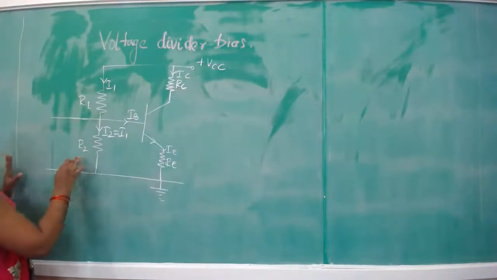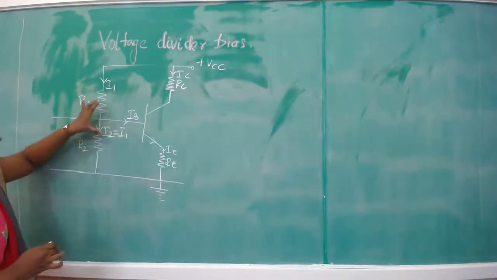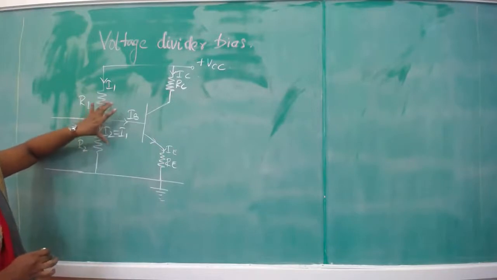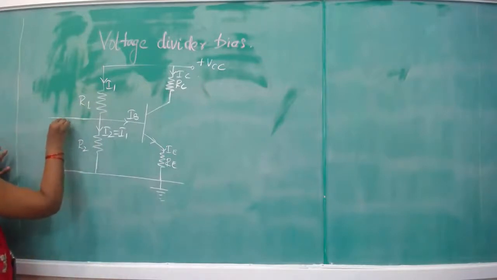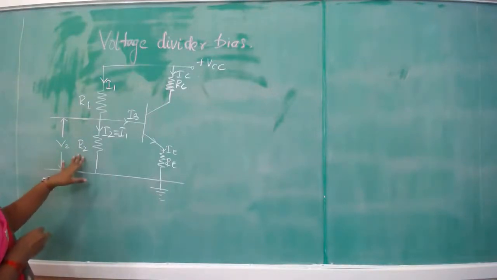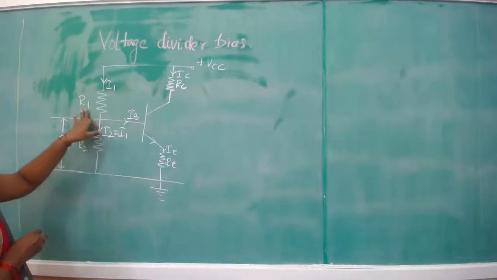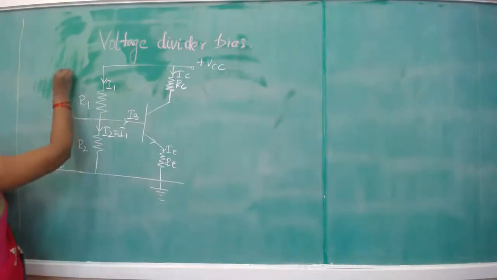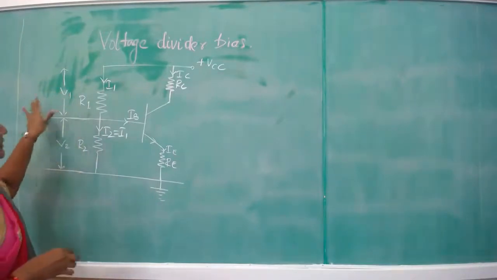Because of the usage of two resistors for biasing the base terminal of the transistor, this particular circuit setup is called a voltage divider circuit. The voltage across R2 is termed V2, where V2 is nothing but R2 into I2. The voltage across R1 is V1.